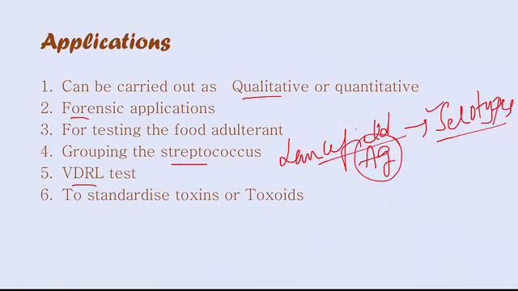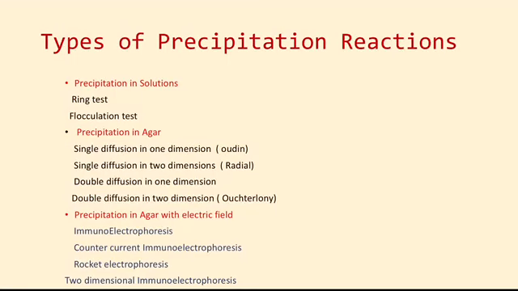And next, moving on to the types of precipitation reactions. To form a precipitate, as explained previously, antibodies are bivalent and naturally occurring antigens are polyvalent, that is multivalent. Polyvalent here refers to different epitopes. If they have different epitopes, they react with the different antibodies present in the serum.